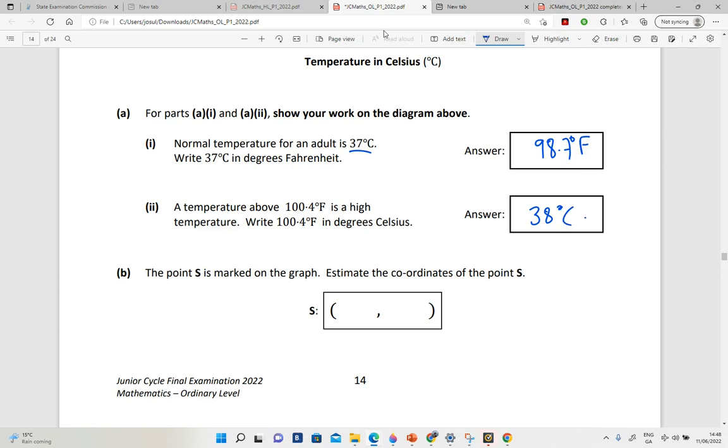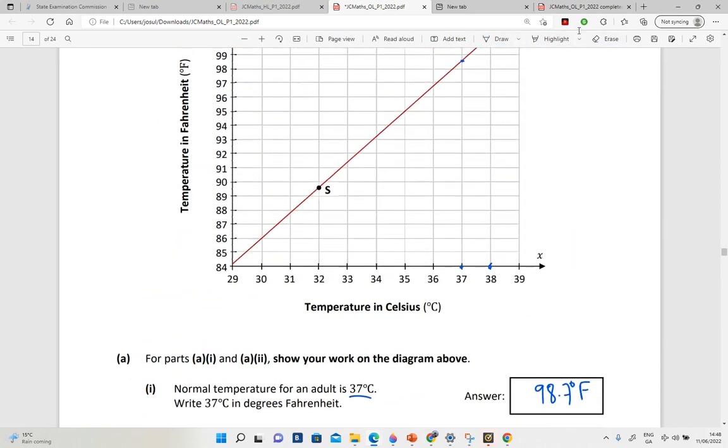The point S is marked on the graph. Estimate the coordinates. Okay, so we want to go back up and look at where S is.